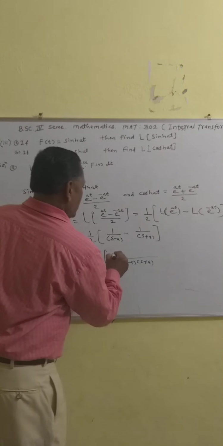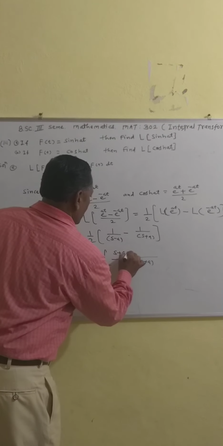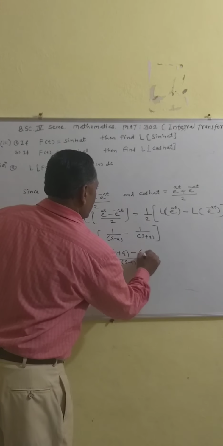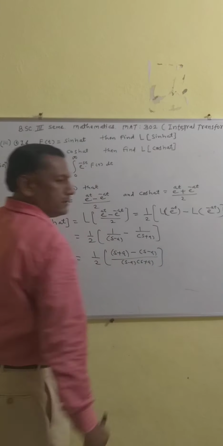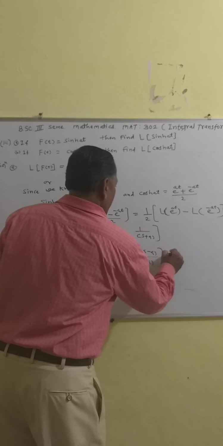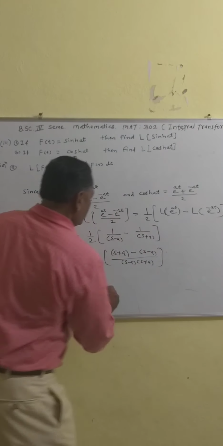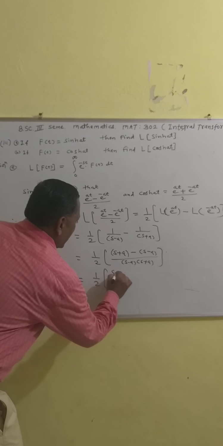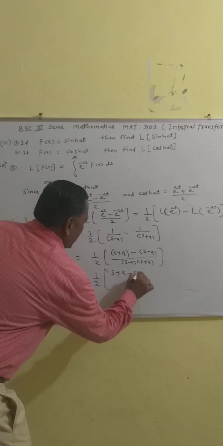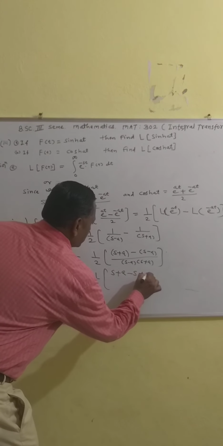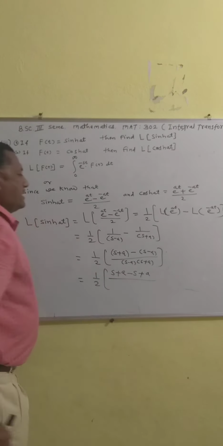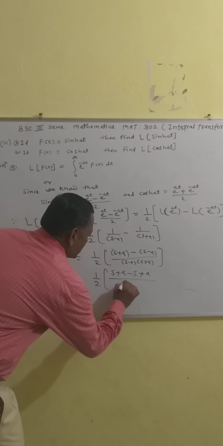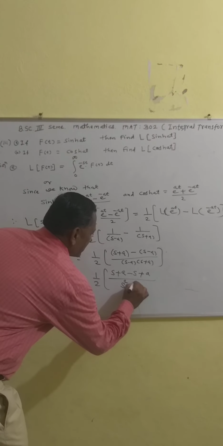Then s minus a cancels, s plus a, then minus, s plus a cancels, s minus a. So I'll write here 1 by 2 into (s plus a minus s plus a) upon (s minus a) into (s plus a), which can be written as s square minus a square.